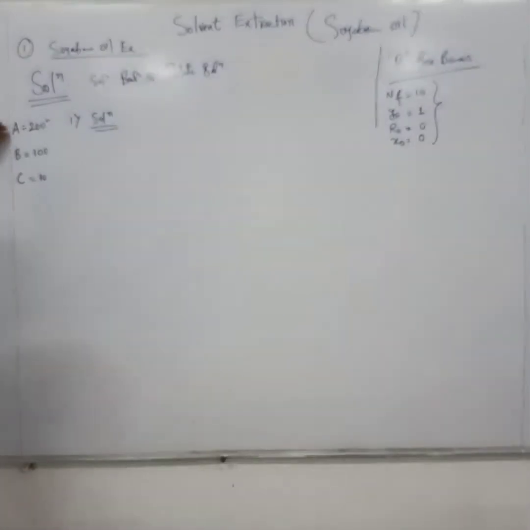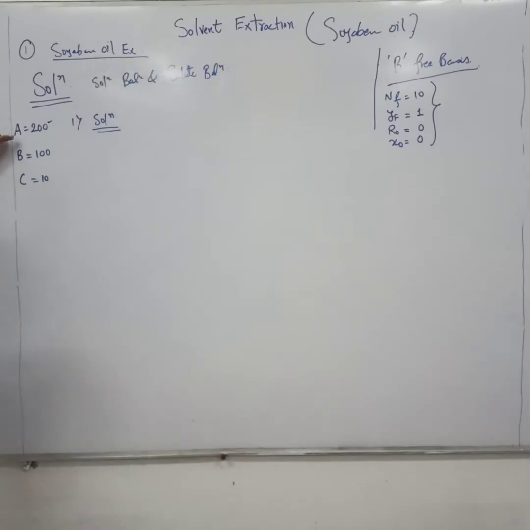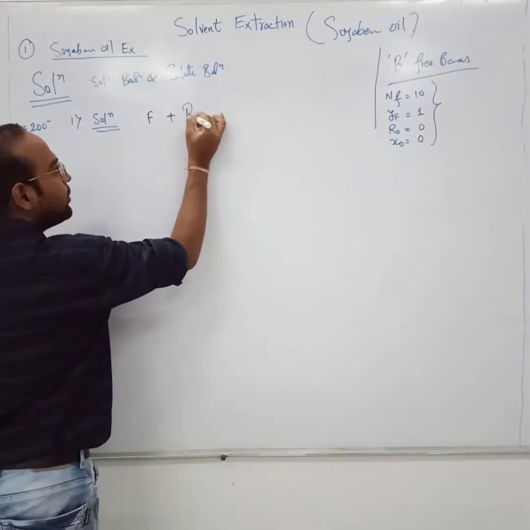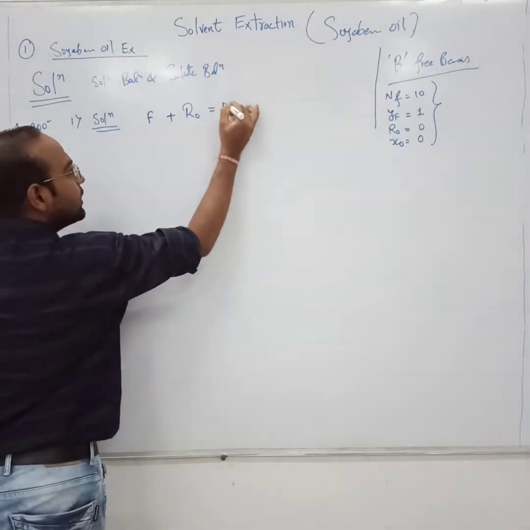There are 3 different things. We have A, B and C. A means solvent, B means our soybean seeds, and C is the oil contained in the seed. So when we mix all these 3 things, we get the solution. So that's why our solution becomes capital F. We represent it as capital F plus RO equals M1.